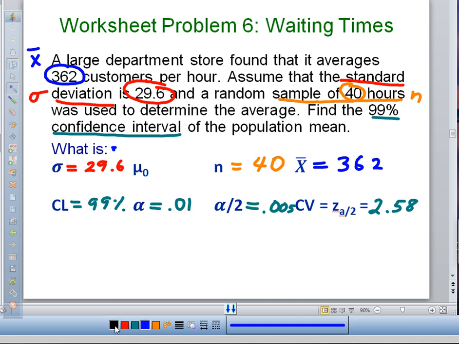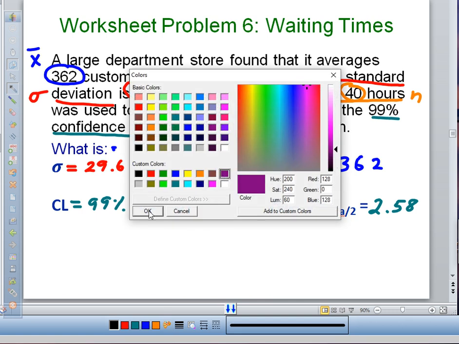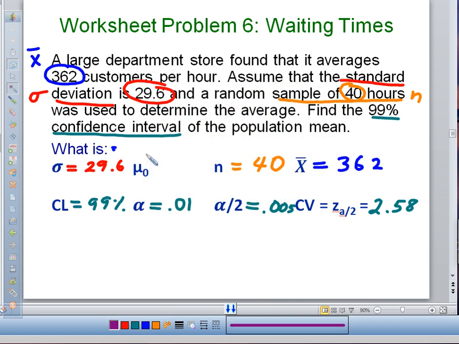Where does mu naught come in? Here's the deal with the mu naught: it's what we're trying to figure out. We're doing this whole thing to find our mu, our population mean. We're trying to estimate our population mean from our sample mean using all these other pieces.